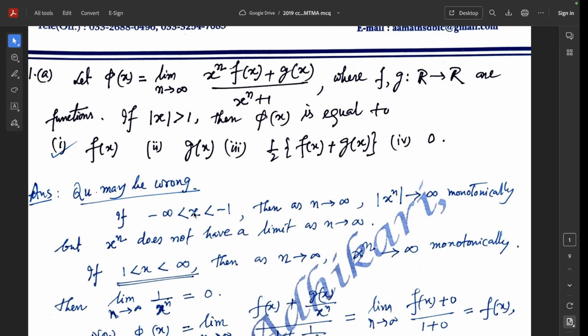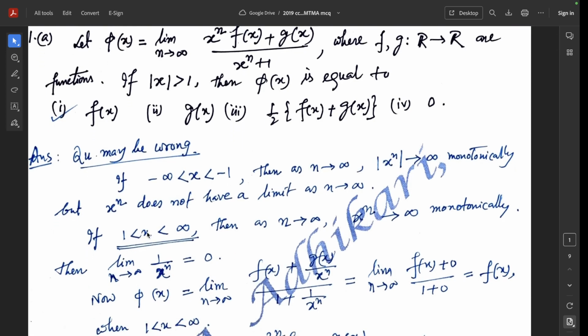If n is odd, then it tends to minus infinity. If n is even, then x to the power n tends to infinity. So x to the power n does not have a limit as n tends to infinity.